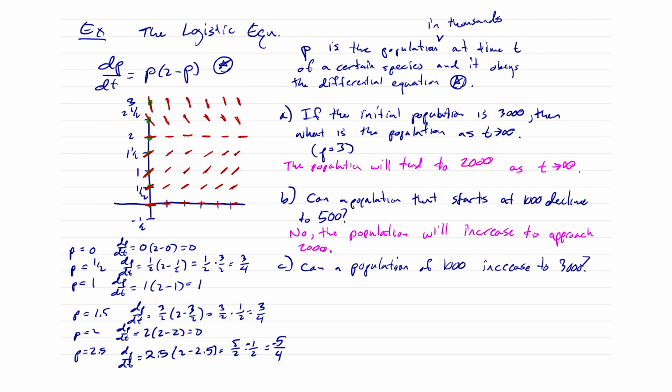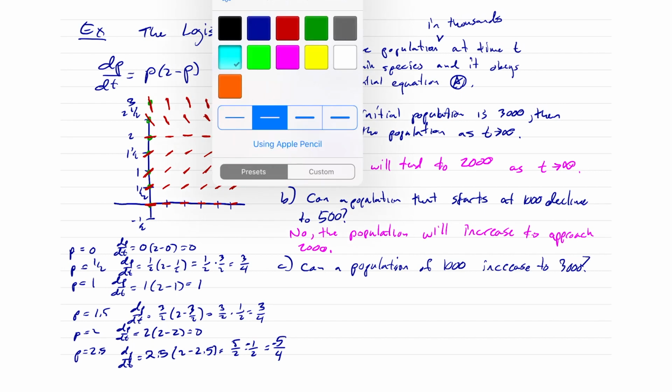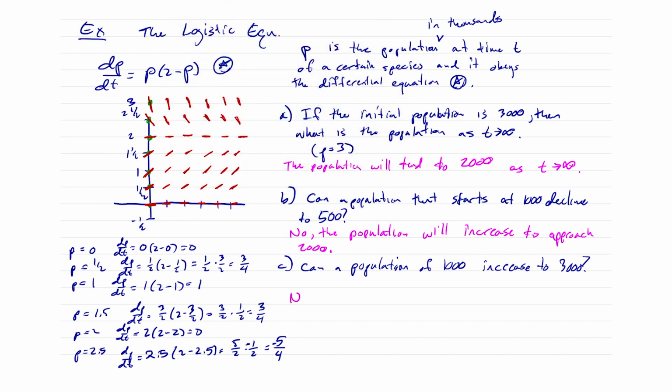And so the answer is no, because if we did, then the slope at, say, p equals 2 would be non-zero. So that means we can't cross here, right?